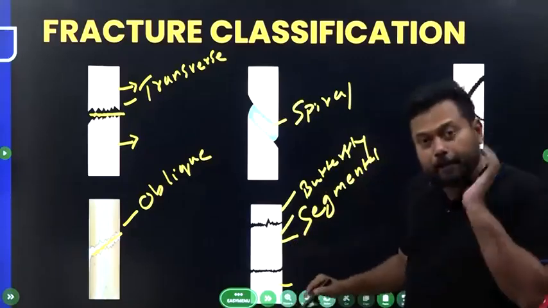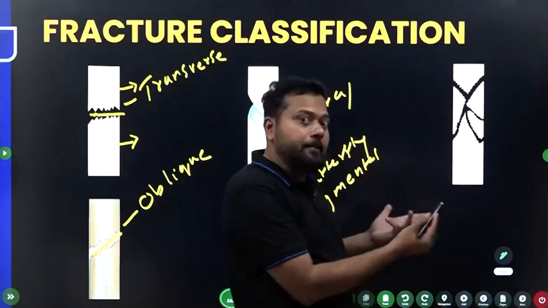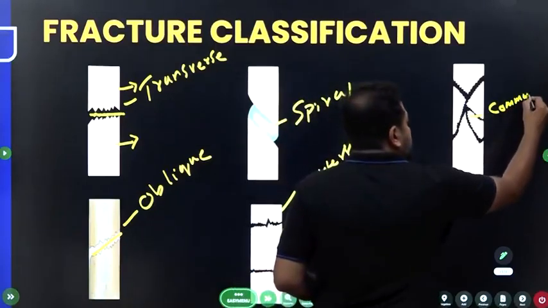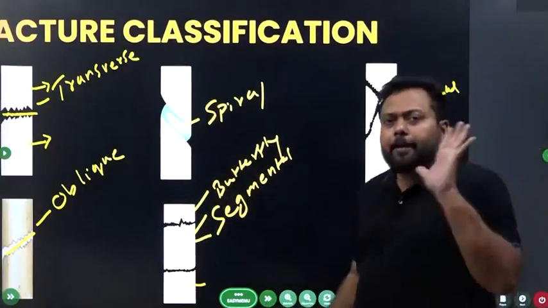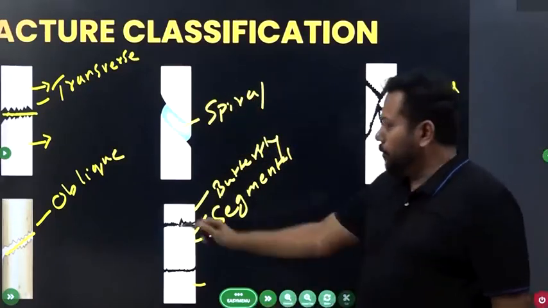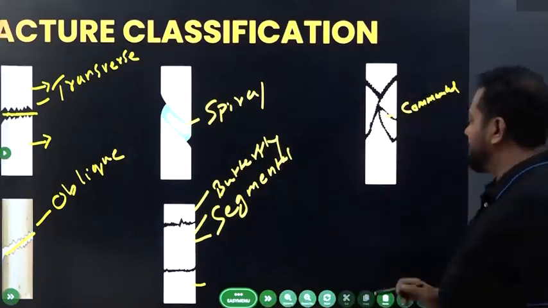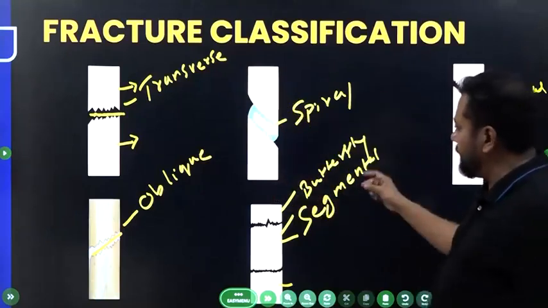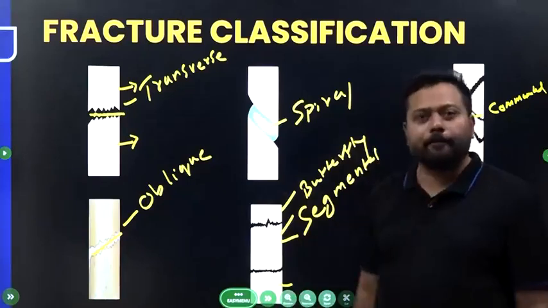Look at the last type, shattered into many pieces. This is called comminuted. So a typical fracture can be of 5 types: transverse, oblique, spiral, segmental, comminuted. That's all.